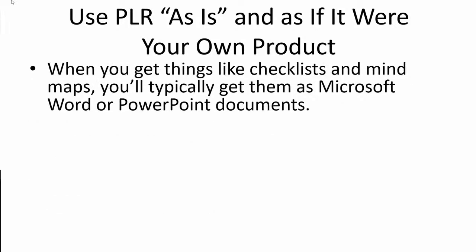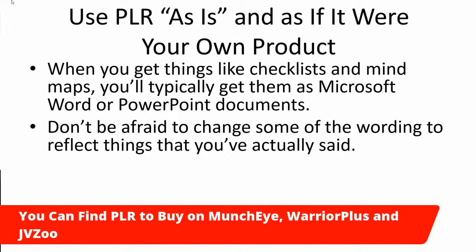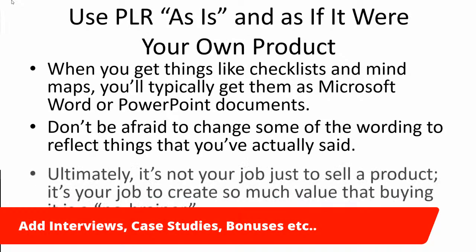Now, the same is true when you get things like checklists and mind maps. They're typically going to come in the form of Microsoft Word or PowerPoint documents. And when that's the case, you definitely don't want to be afraid to change some of the wording or some of the order of things to reflect the things that you've actually said before to the people in your community or in your tribe or in your email marketing list.